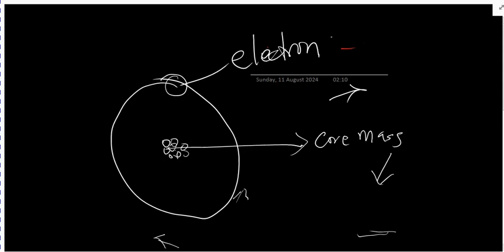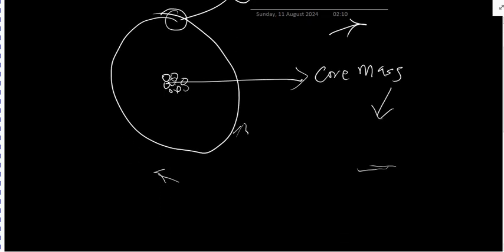So he was the first person that actually postulated the model of an atom, the theory of atom, that described the electron as planetary.